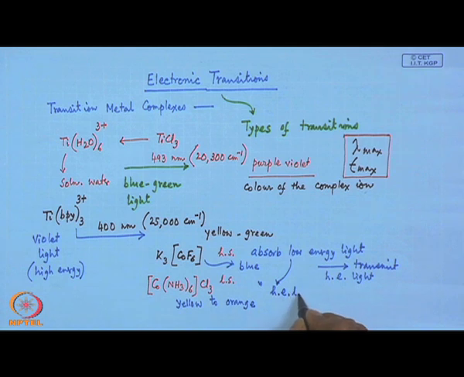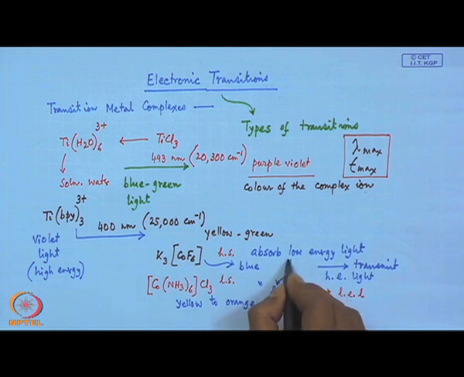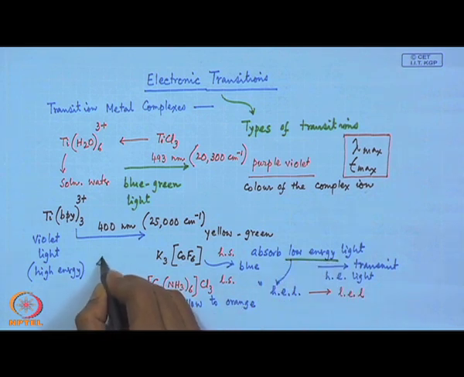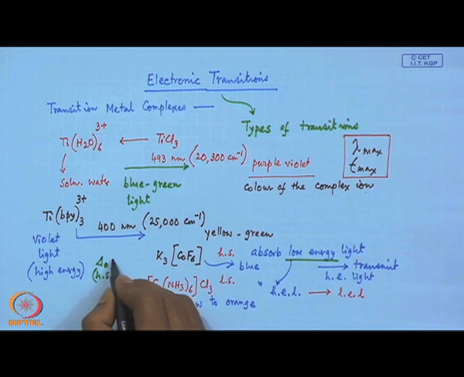So, high energy light is absorbed and definitely the transmitted light would be of low energy. That means, in one case the absorption is at low energy and in the other case at high energy, clearly distinguishing these two forms of complexes, one high spin and another low spin. In case of high spin, it absorbs low energy light, that means delta octahedral for the high spin species is less than the pairing energy.